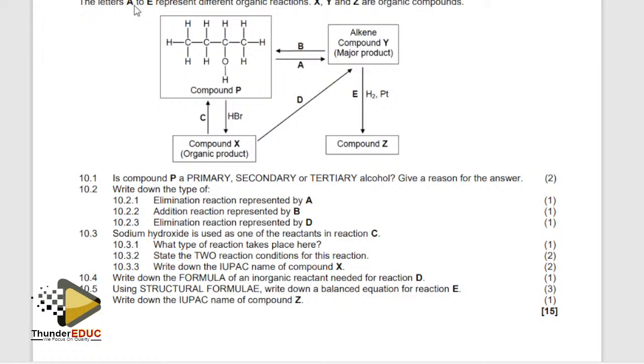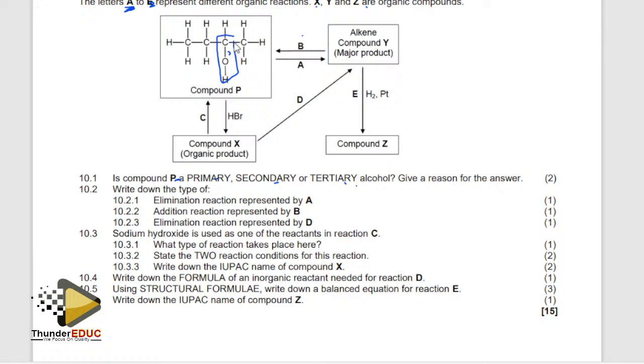They're saying that elements A to E represent different organic compounds, X, Y, and Z. Is compound P a primary, secondary, or tertiary alcohol? We talked about this. Where is compound P? It's the carbon atom with the functional group here.